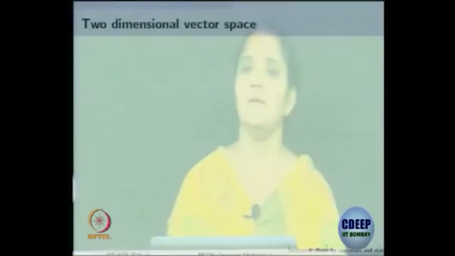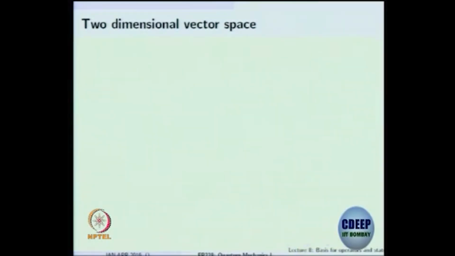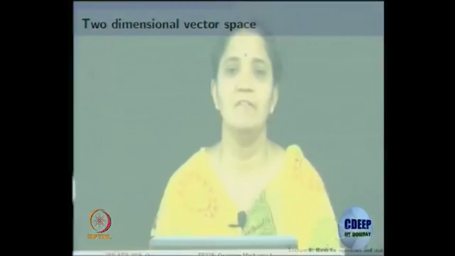Okay. So, let me just get to the two-dimensional vector space just for simplicity. Till now I was talking about n-dimensional vector space, but I will now confine myself to two-dimensional vector space and try and clarify a couple of notations, and then you know how to do it for an n-dimensional vector space.